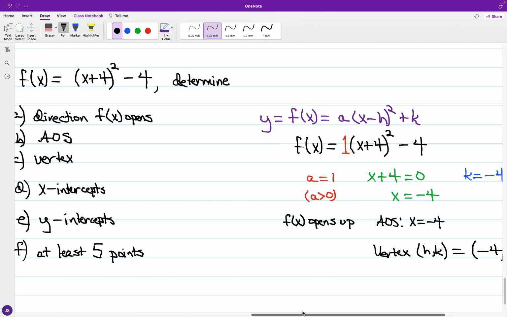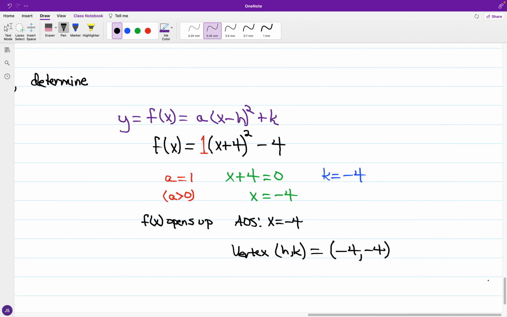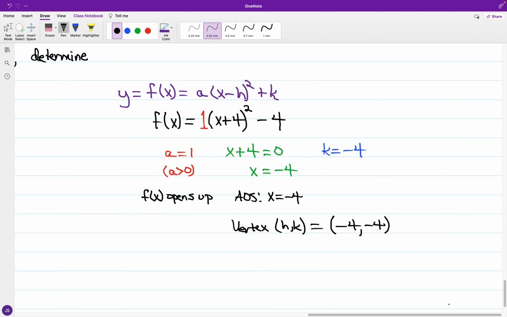Okay, now for the intercepts, the x-intercepts and the y-intercepts.